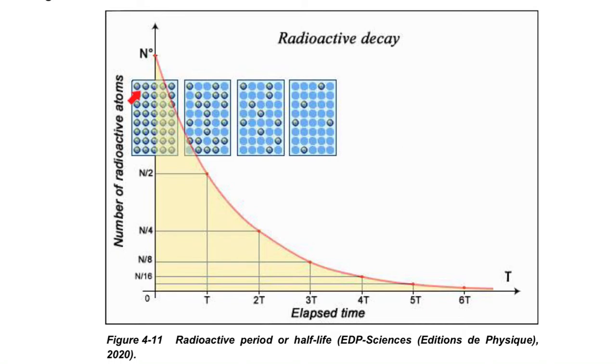So as you can see here, we have a representation of all the undecayed nuclei. But at t, only half of the nuclei are left in an undecayed state. Now, this time interval we call the half-life.